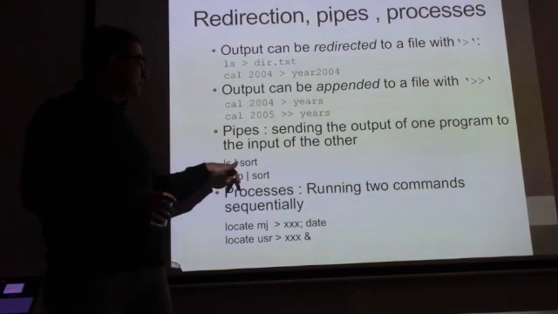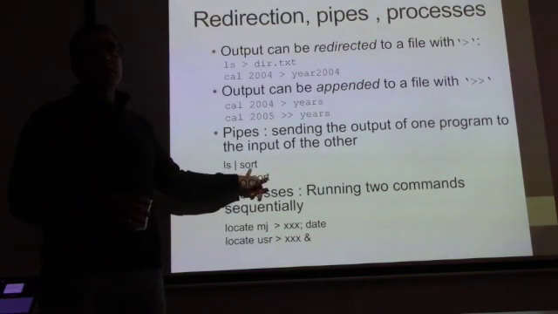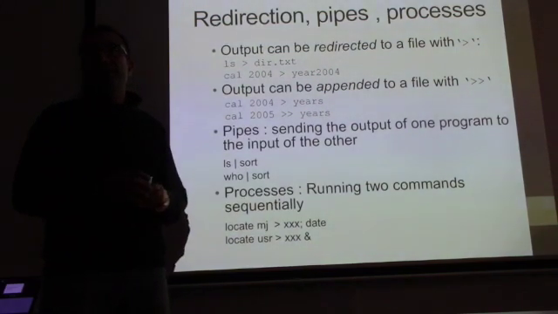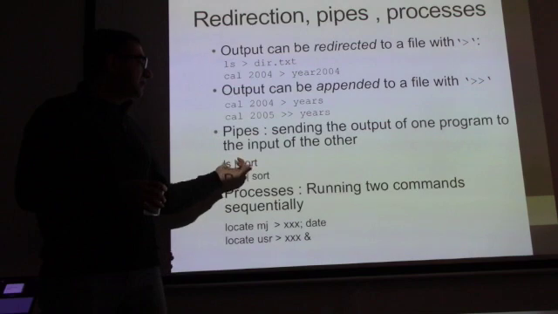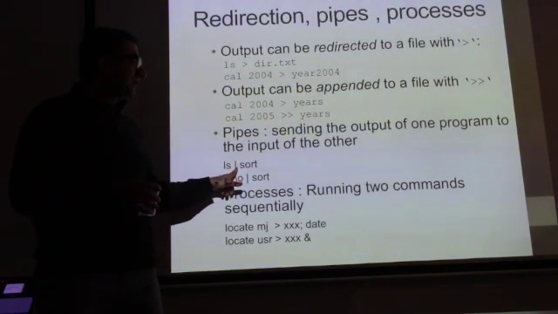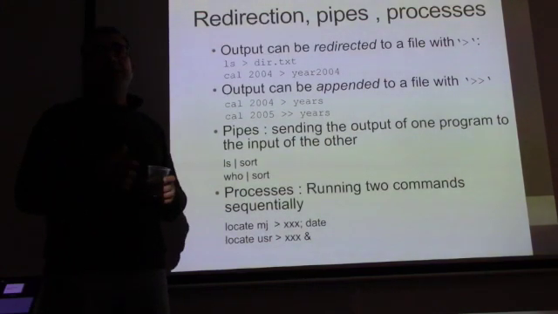If you wanted to take the output from ls and pass it on to sort, it'll take everything in your directory, sort it alphabetically, and then give you the output that way. Using this pipe symbol, you can combine multiple commands and get outputs like that. Does that make sense?